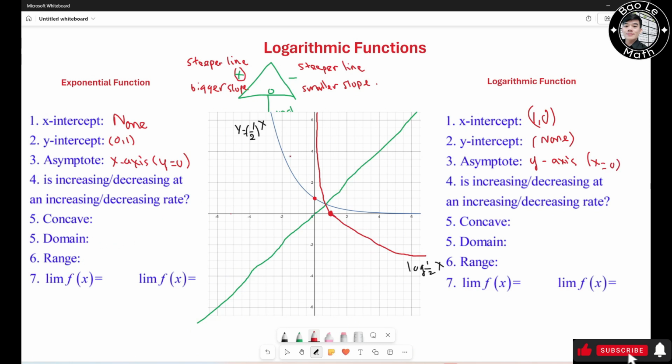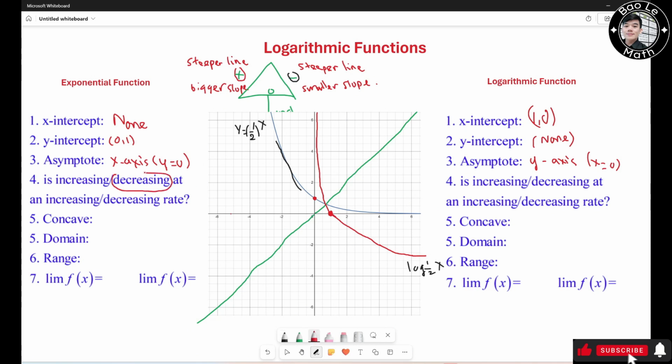Now look at this one and use the Christmas tree trick, right? I'm going to draw a tangent line like this. I see that the lines go in this way, so the slope is negative. The slope is negative, the function is decreasing, right?